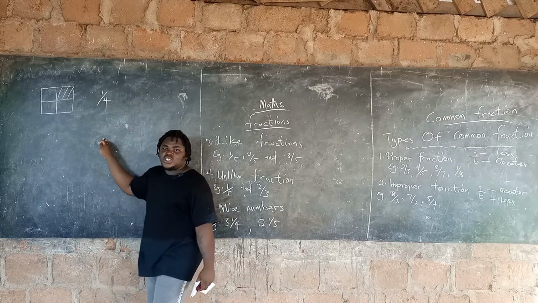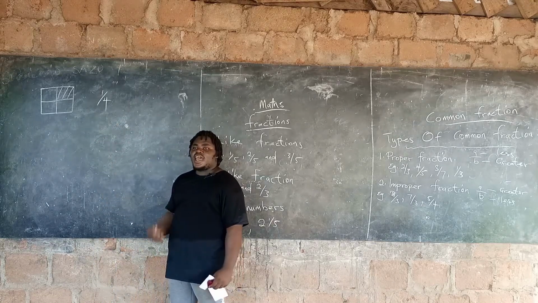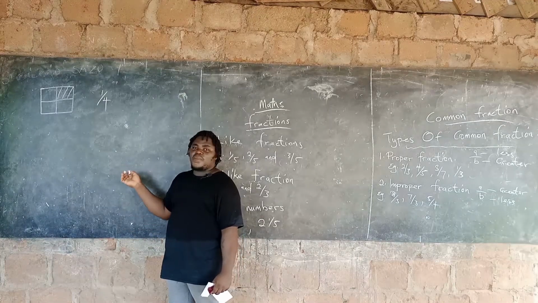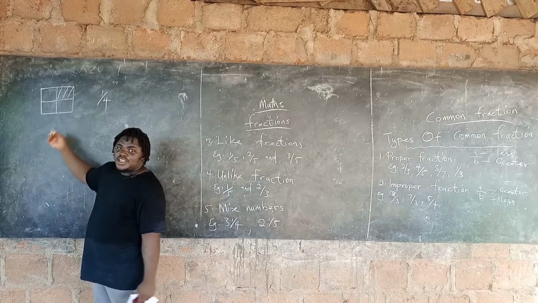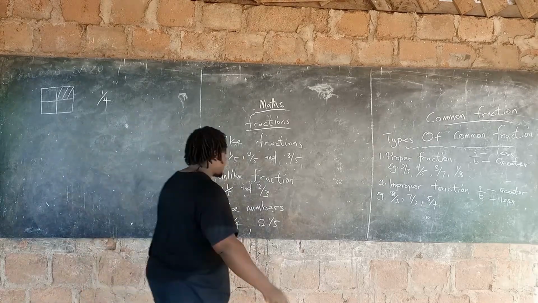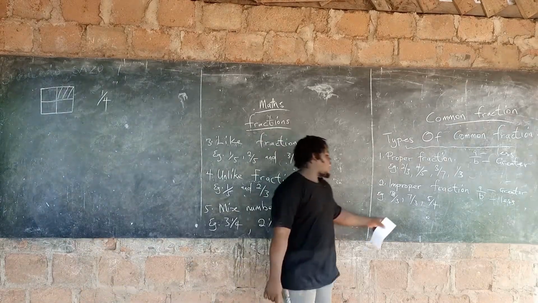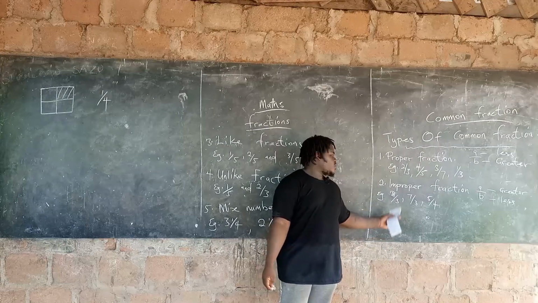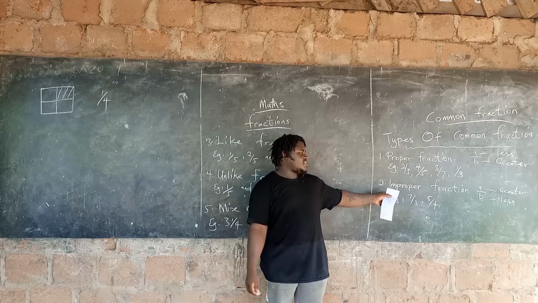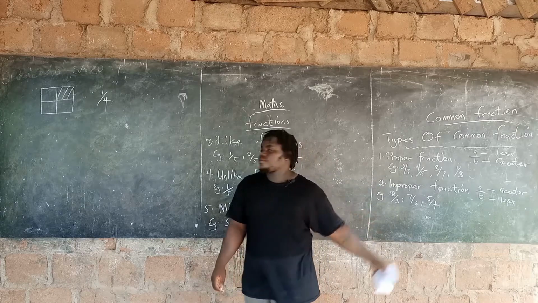And the numerator shows the number of equal parts which we are dealing with. So now, just imagine if you've been asked to draw a diagram to represent this. It is impossible, right? Good. So that is why it is an improper fraction.